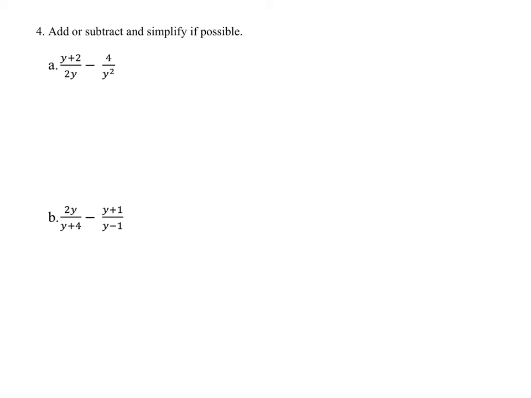All right, now we're to the full-blown problems. Add or subtract using unlike denominators. Let's go for it. So the first step, we have to get an LCD. That's the first step. Second step, equivalent fractions.